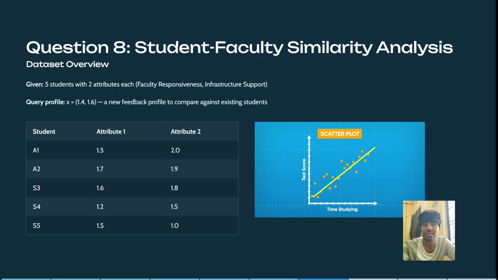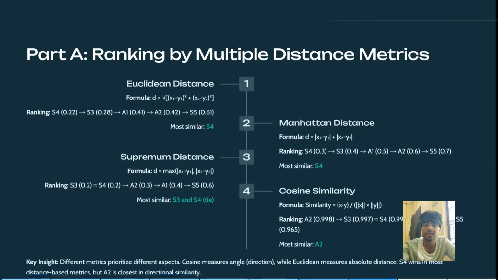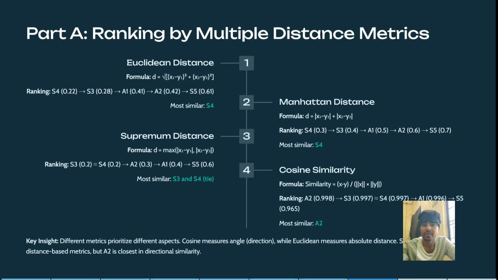Part 1 asks us to use multiple distance metrics and compute them all. Starting with Euclidean distance for S1: the square root of (1.4 minus 1.5) squared plus (1.6 minus 2.0) squared, the square root of 0.01 plus 0.16, which equals the square root of 0.17, approximately 0.41.